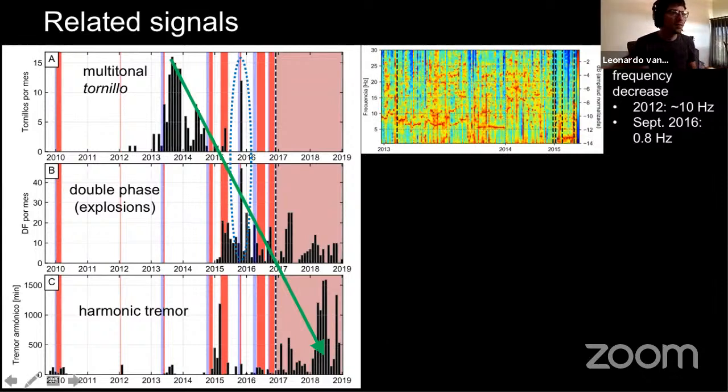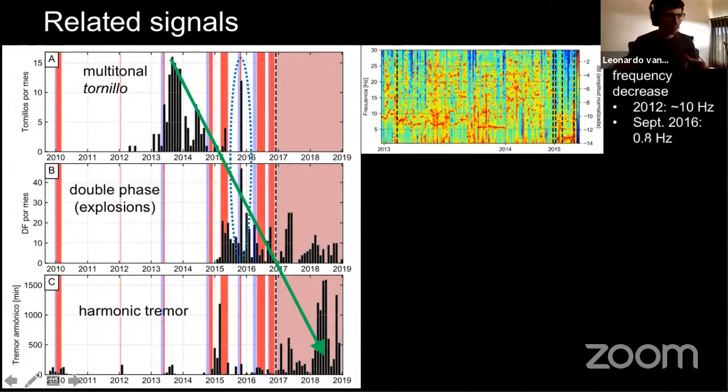So the frequency of the tornillo goes down from about 10 hertz in 2012 to about 8.8 hertz in September 2016. Again, we see this decrease of frequency may be related to an expansion of this cavity, obviously, because the magma is working its way out to the surface.